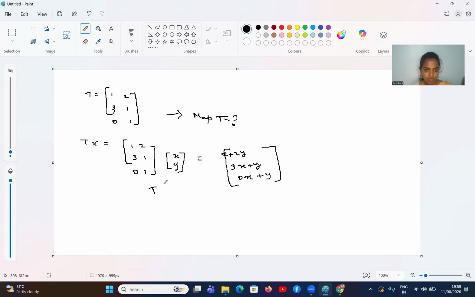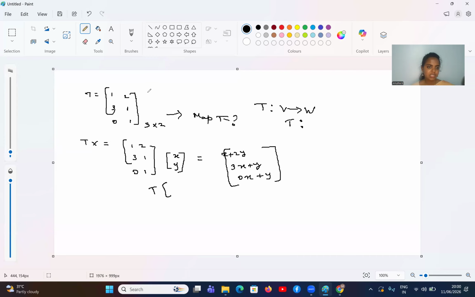So here the map is a 3 by 2 map. While you are finding the map from V to W in this format, we use column first and row next.